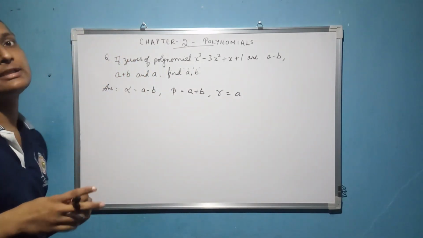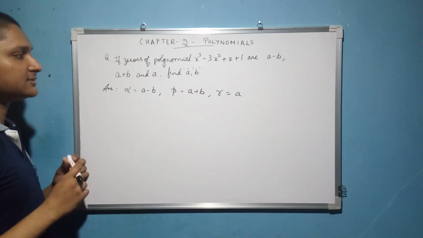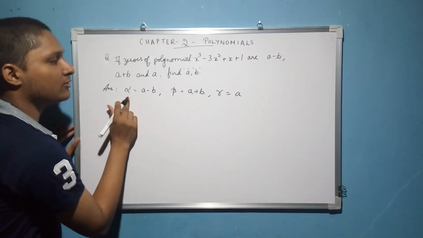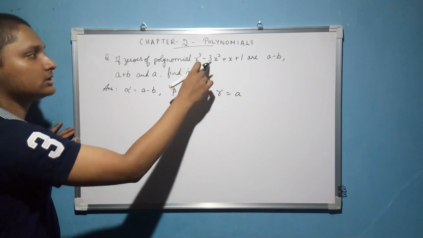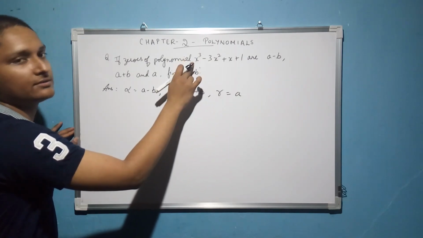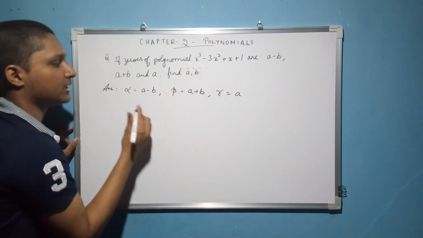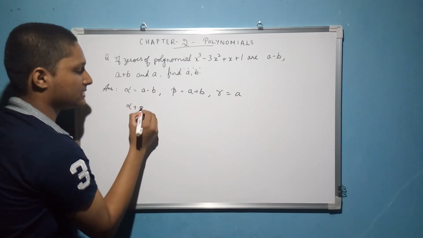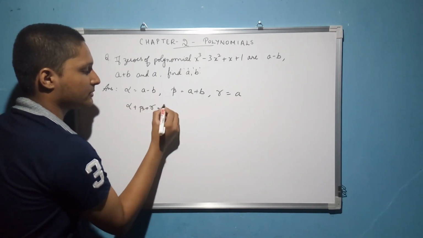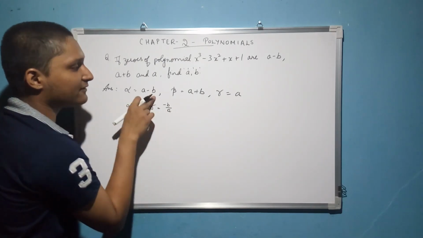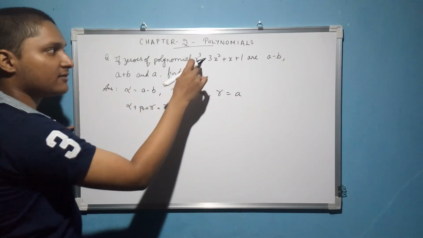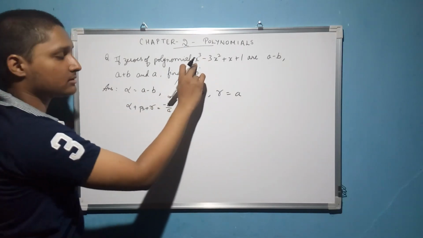Okay, from the first relation, the sum of the three should be equal to the coefficient of this divided by the coefficient of this. So alpha plus beta plus gamma is minus b by a. I am not referring to the b and a here, I am referring to this b and this a.